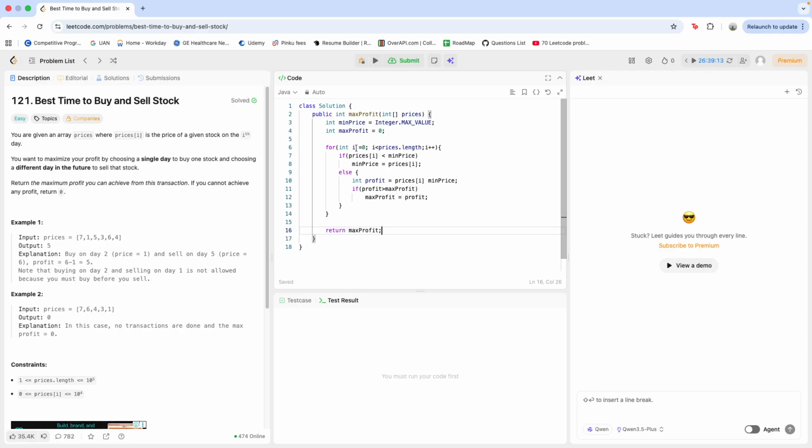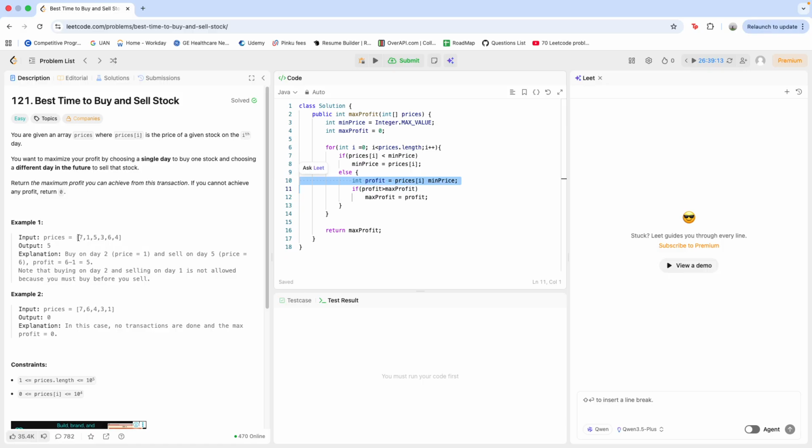At each step, if the current price is less than the minimum price, we update the minimum price. Otherwise, we calculate profit: profit is equal to current price minus minimum price. If profit is greater than max profit, we update the max profit. Finally, we return max profit.